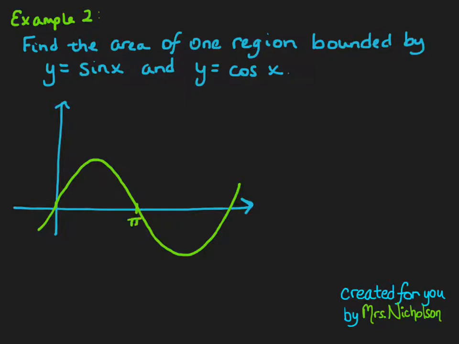Mark this off. That would be pi. This would be 2 pi. And then I think I'm going to grab another color and sketch cosine. Let's go back. Pi over 2. 3 pi over 2. All right, so now let's sketch cosine.